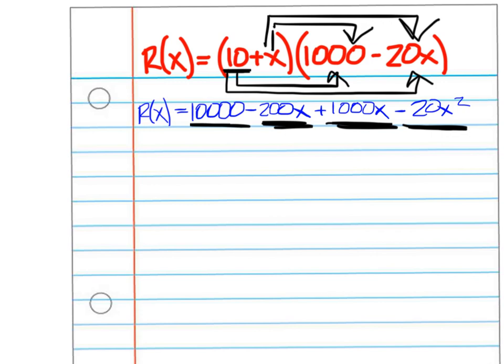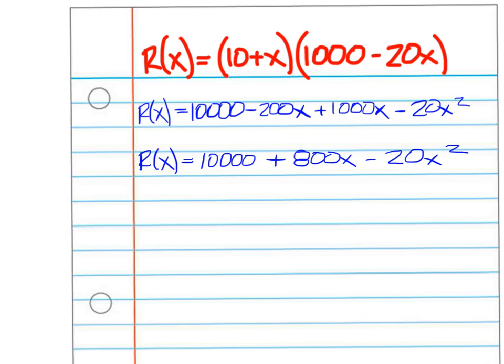You have to add like terms next. If we add the like terms here of minus 200x and 1000x, you come up with 800x. So now this is really starting to resemble a quadratic function in its regular form, but we're just one step away from that. Where does the squared variable usually end up in a quadratic function?